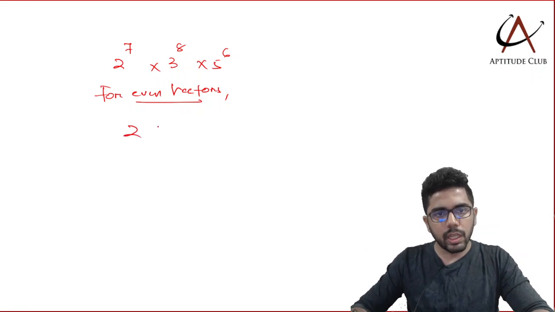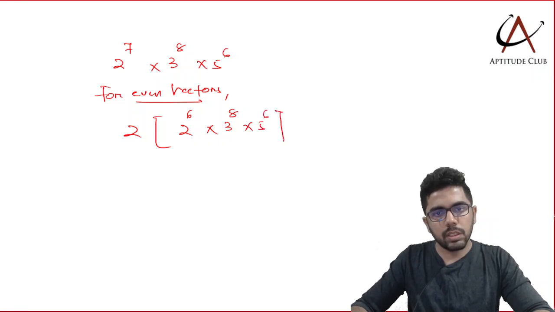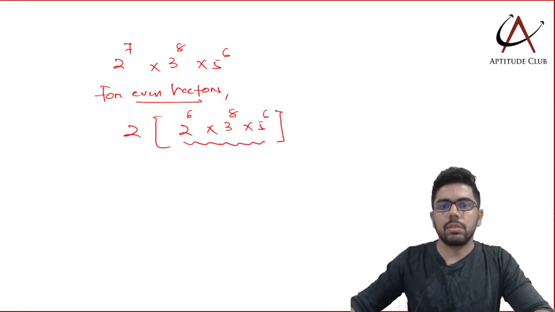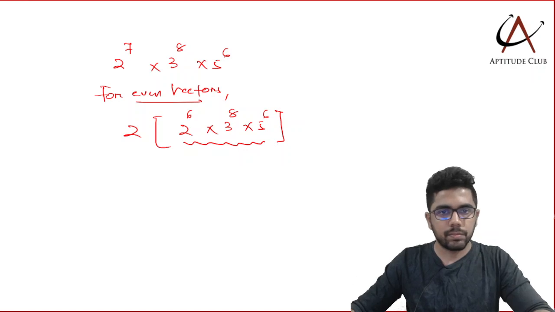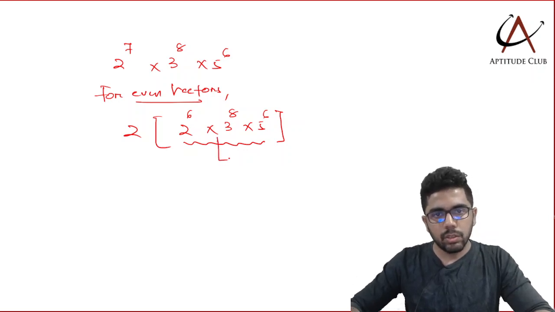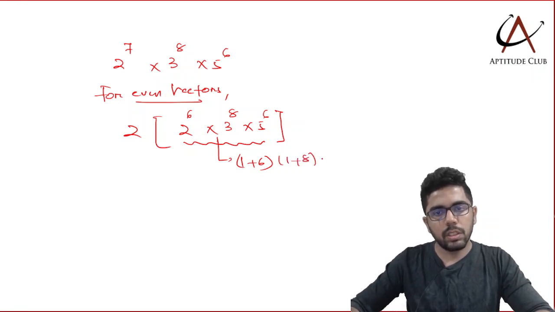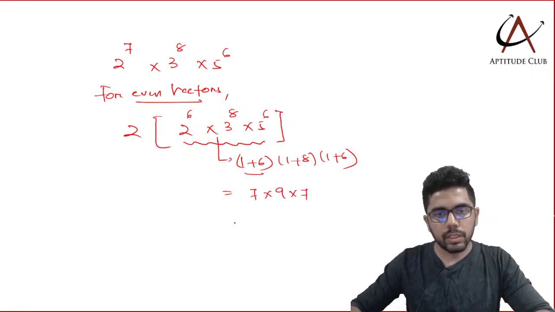So you take out a 2 and then whatever is left, 2 to the power 6, 3 to the power 8 and 5 to the power 6, create factors using these numbers. So 1 + 6 into 1 + 8 into 1 + 6. Basically I have 7 into 9 into 7. 49 into 9, I get 441.